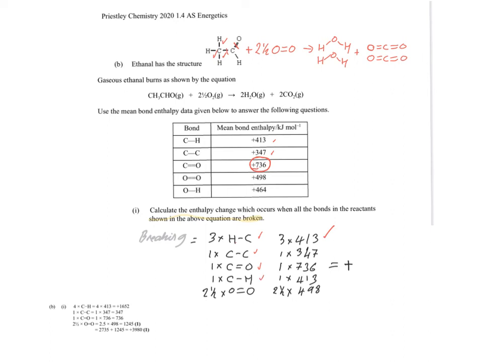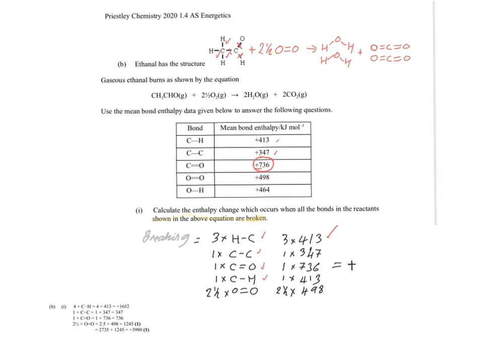And then I've got another carbon hydrogen bond here. So in the mark scheme they included that. They said 4 carbon hydrogens, but I've treated them all separately. Come out with the same answer anyway. And then the next reactant here we can see is the oxygen. We've got 2.5 moles of oxygen gas. So I can now tick that off.